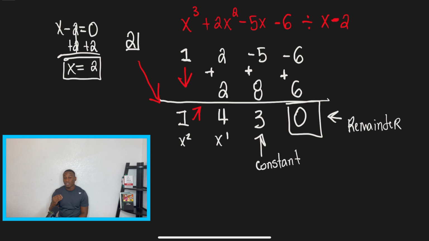That's another way to always remember your power or exponent. Start off with your remainder and work your way up, and understand that the exponents are going to continue to go up. That's another trick for you. So now we rewrite our answer, and we have x squared plus 4x plus 3.